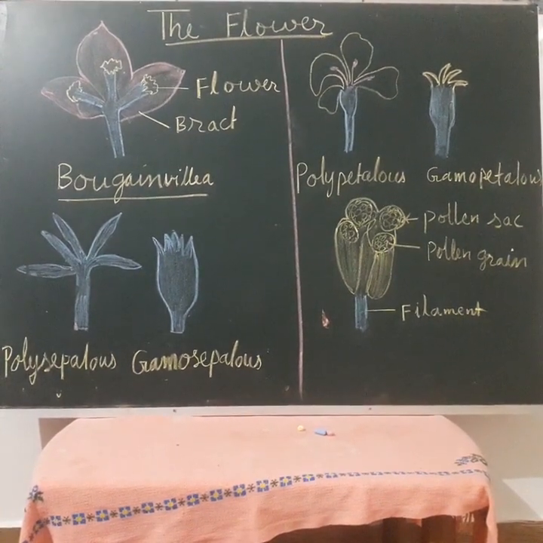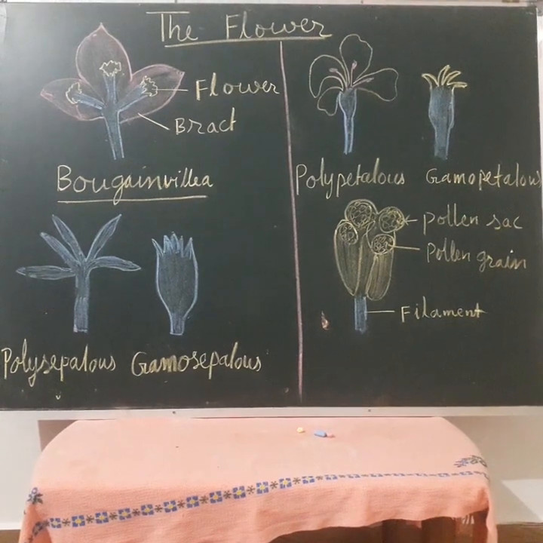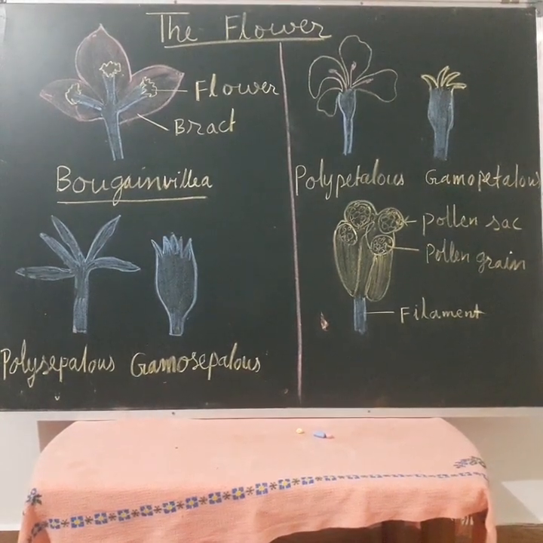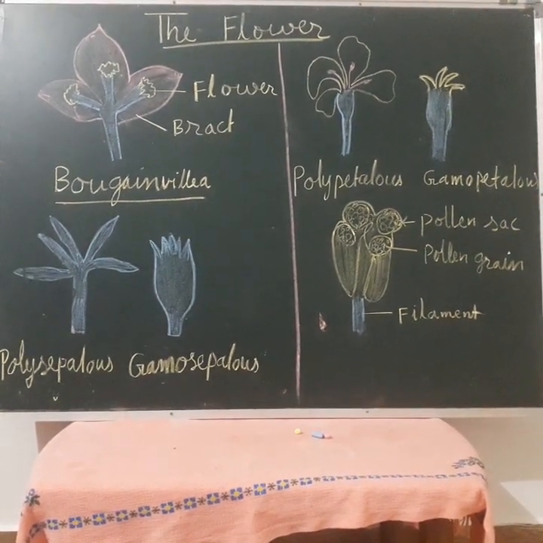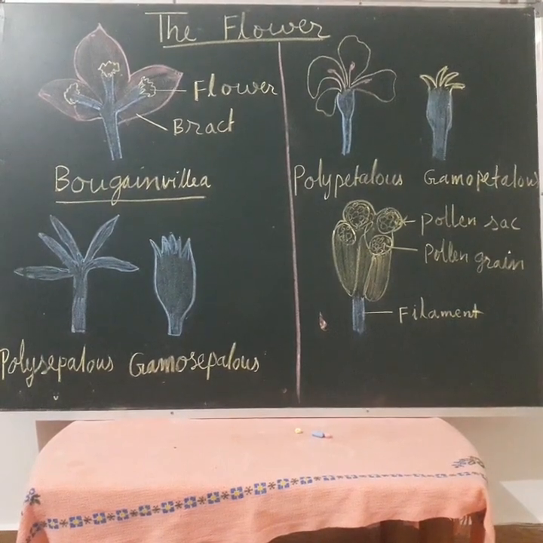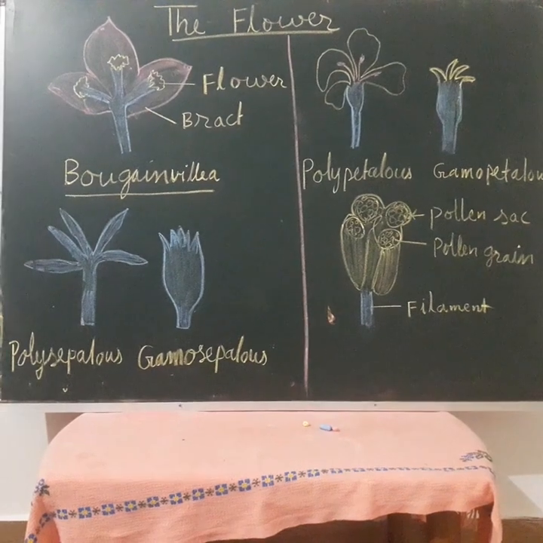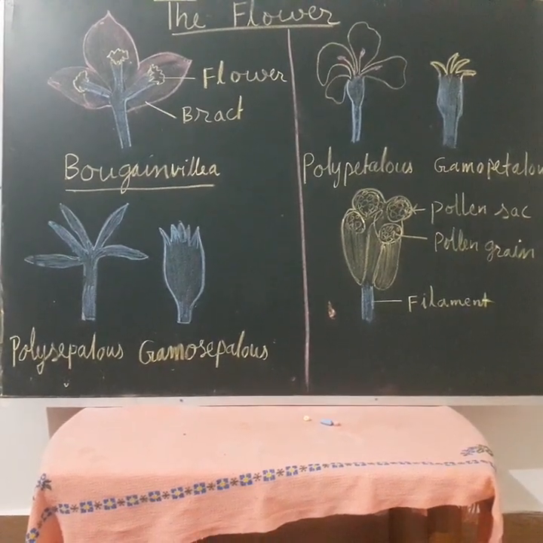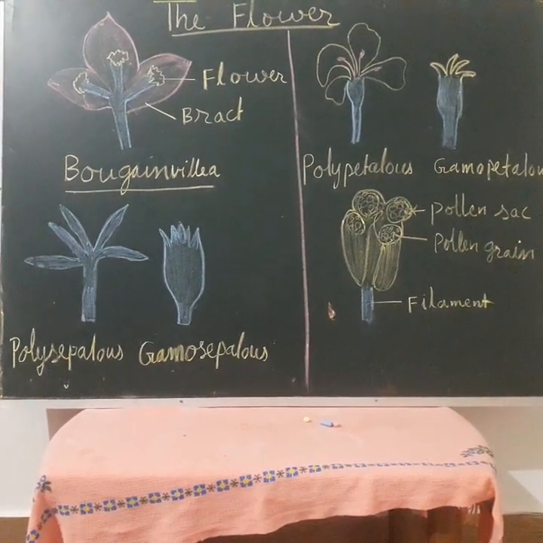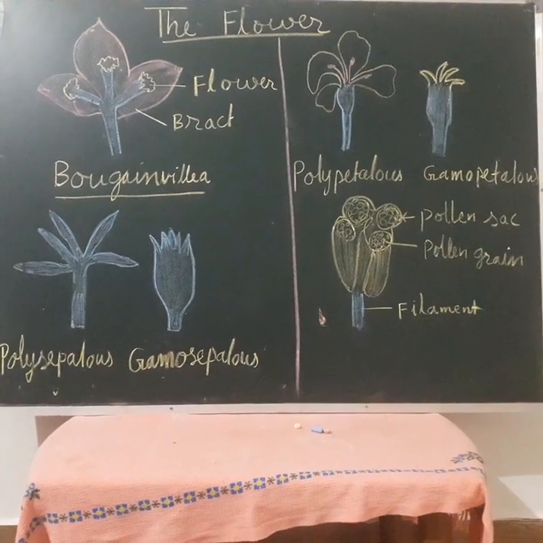Next we will see about the neuter flower. Neuter means they lack both of these essential parts, male and female, and is known as a neuter flower. Example: ray florets of sunflower.